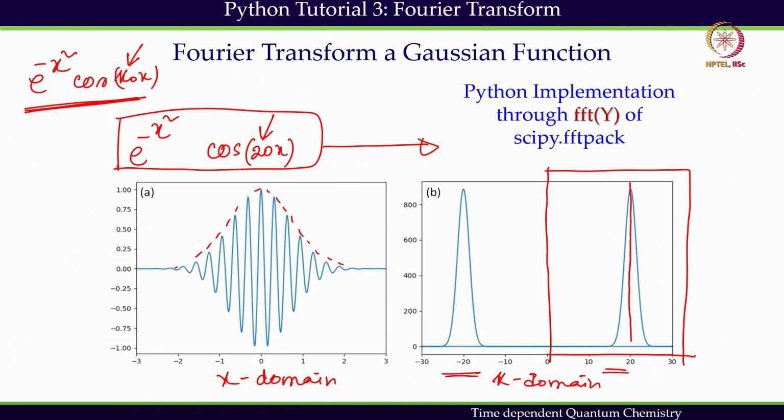So, the frequency components are distributed around this k naught, and around this k naught all these spatial frequency components are available. That is the way we have understood the Gaussian wave packet before, and that is represented here.